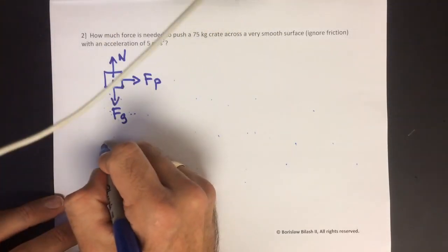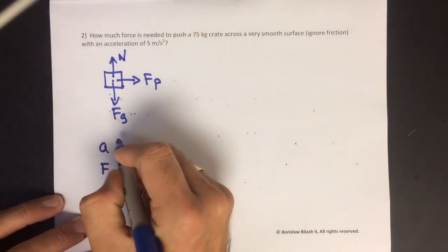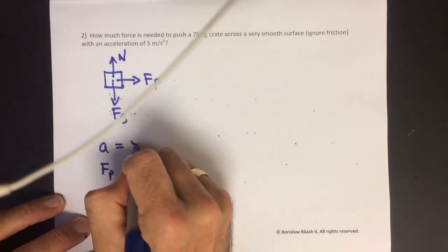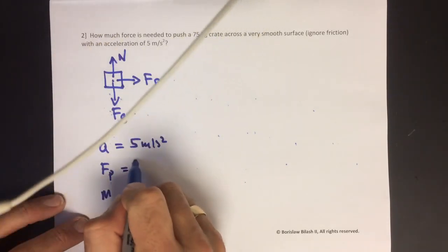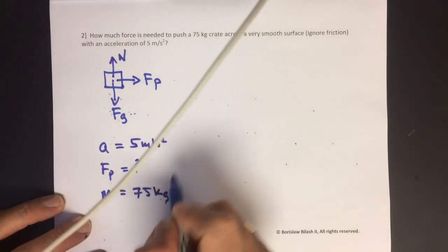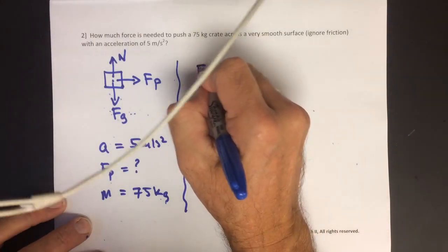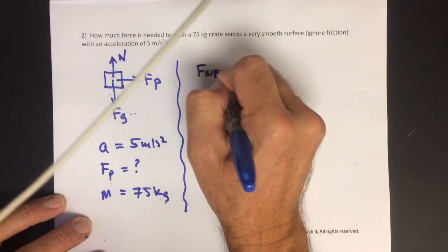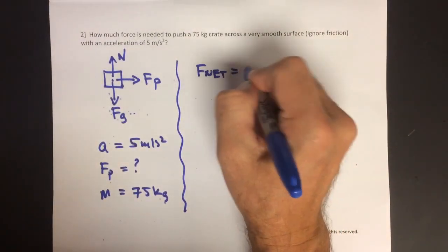So now we're going to list the given information, A, Fp, and M. This time we're told that the acceleration is 5 meters per second squared. We don't know what the force is, and the mass is 75 kilograms. We want to list the net force, and that's equal to Fp.